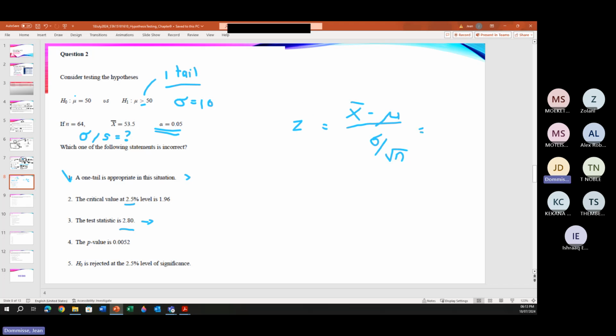So it's the X, which is 53.5, minus 50, divided by standard deviation of 10, divided by 64.